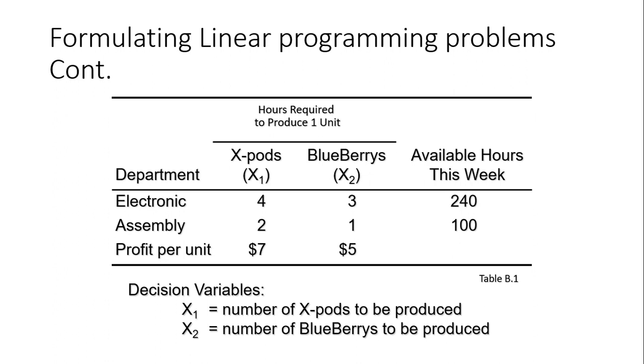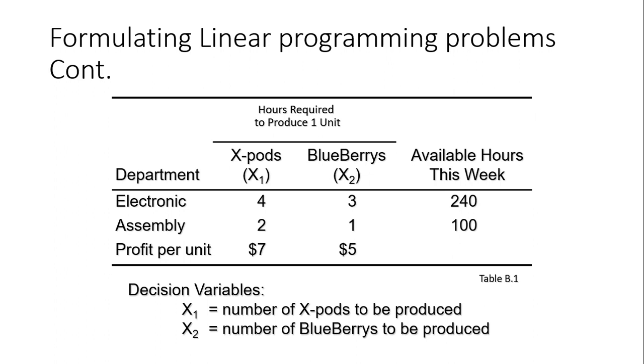In order to assemble the Xpod product, X1, you need 2 working hours. While for the Blueberry product, X2, you need 3 working hours to produce, and at assembly you need only 1 working hour.